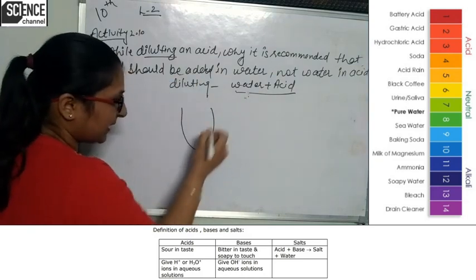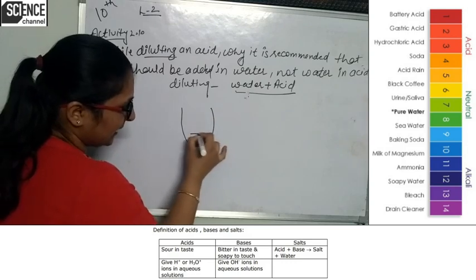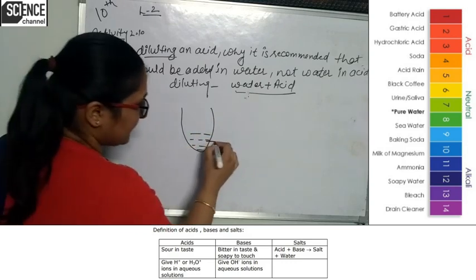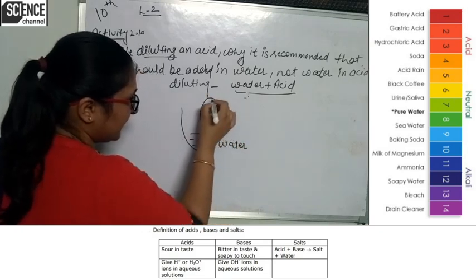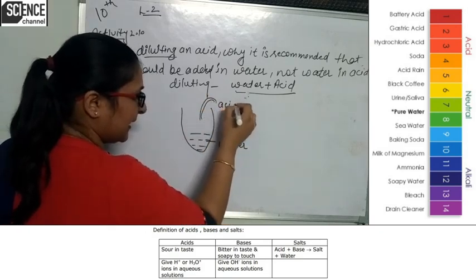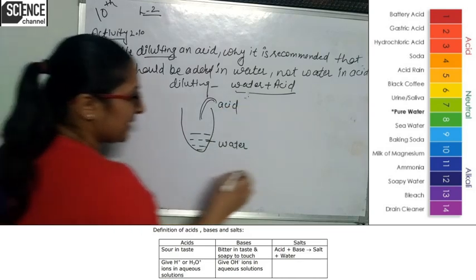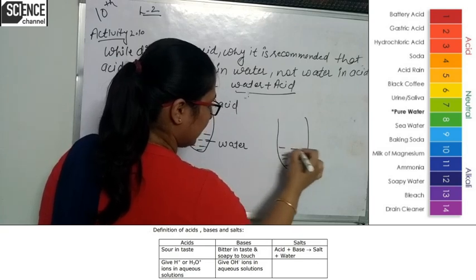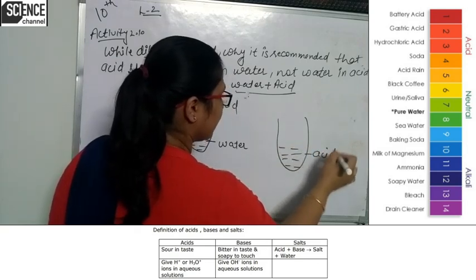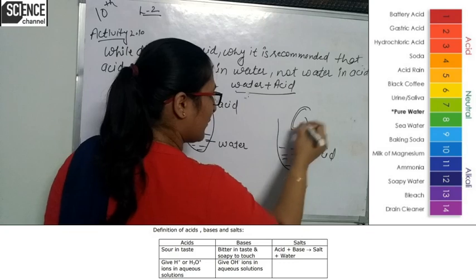Firstly, we take a beaker. In a beaker, two options are there. Firstly, we take water and add acid, any acid. Second, we take acid in a beaker and add water.